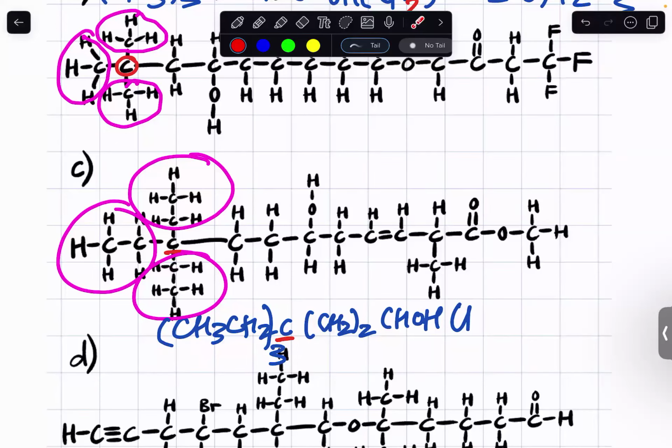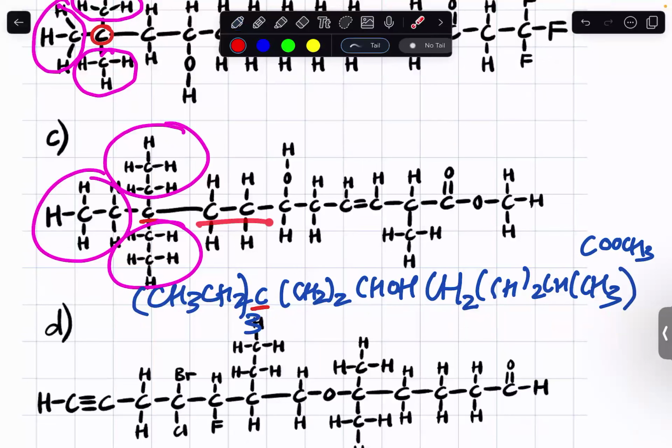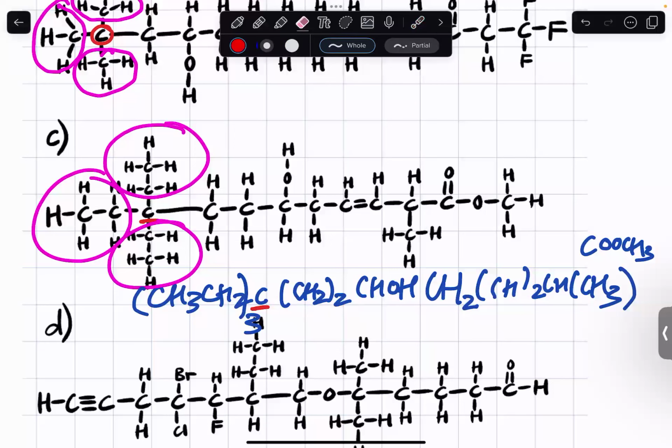H, O, H, H2, CH, CH, COO, CH3. Okay. The two right here, then two parentheses, at least 3 CH2s. 2 CH2 is not condensed, like it's too short for that.